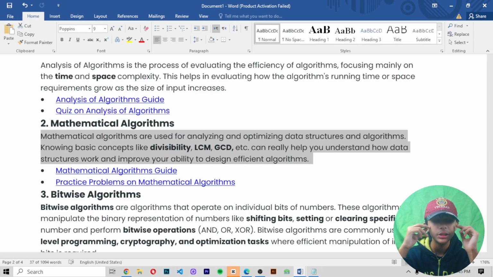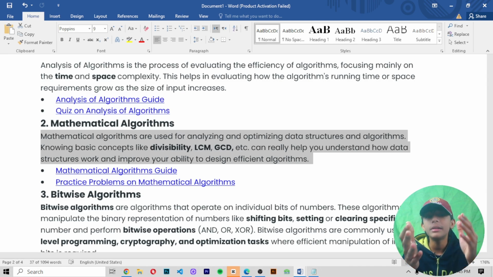You must know the basics of divisibility, LCM and GCD, etc. It can really help you understand how data structures work, and improve your ability to design efficient algorithms.